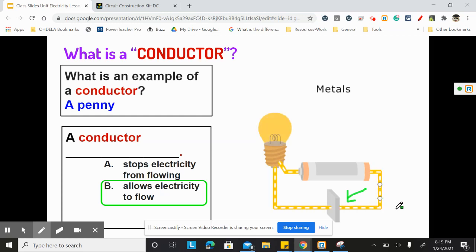Any object that allows the current to flow through is called a conductor. Metals are examples of objects that will conduct electrical current.